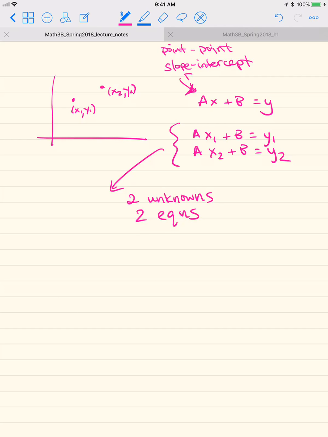And then the point slope. So the two-point formula or format for the equation of a line is derived from solving this system of equations with 2 unknowns and 2 equations.